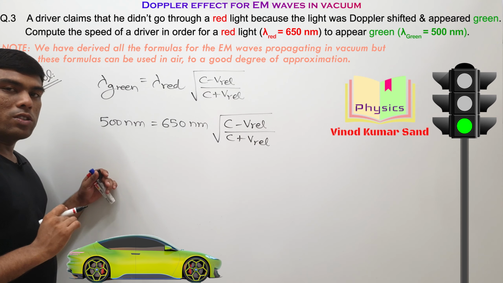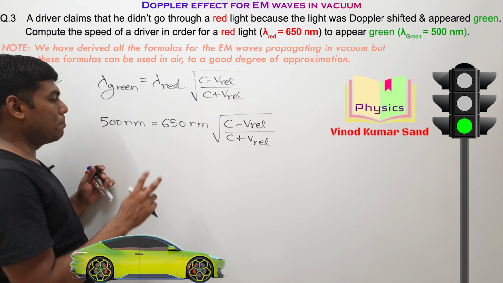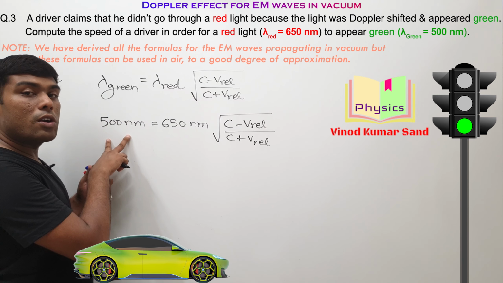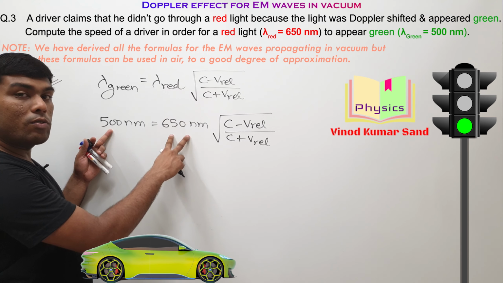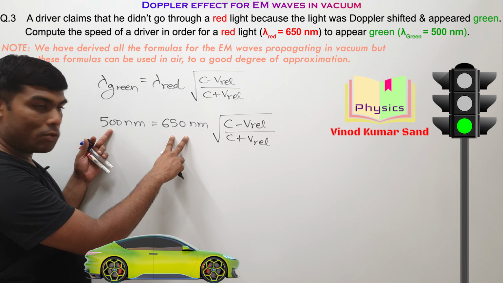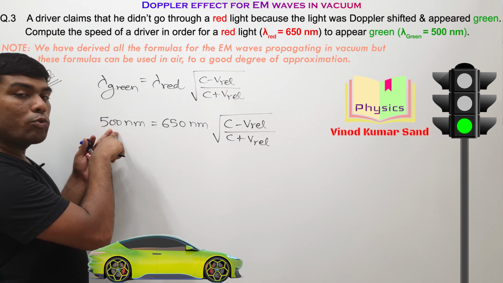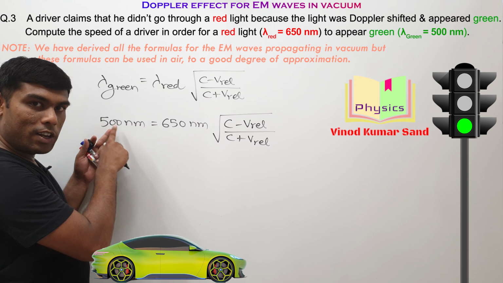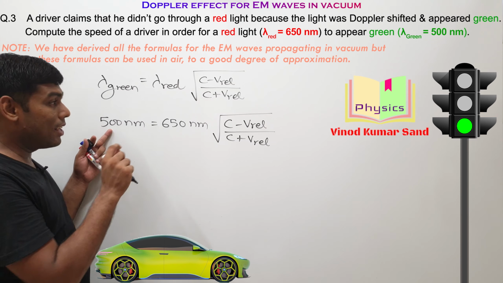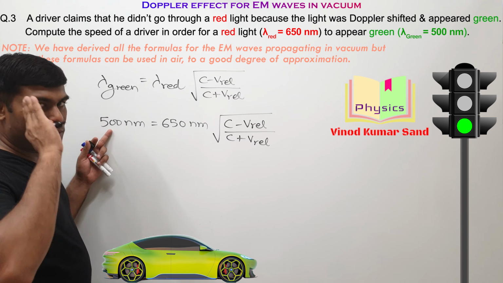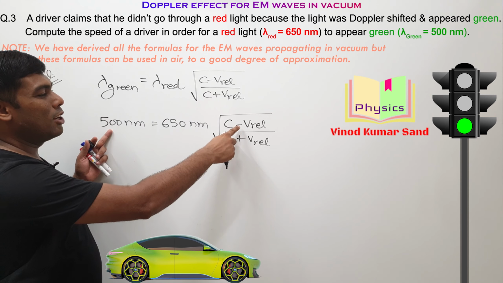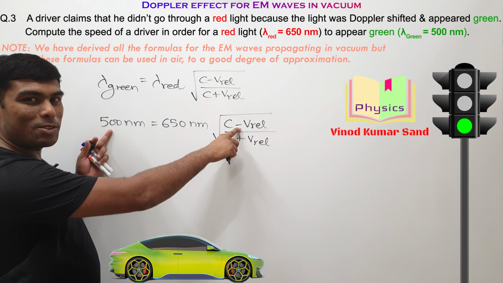Why have I used this formula? The logic is simple. This time the observed wavelength is less as compared to the original wavelength of the electromagnetic wave. So if the wavelength measured by the driver is less, in the numerator what sign should I choose? Logical explanation: in the numerator I should choose a negative sign.